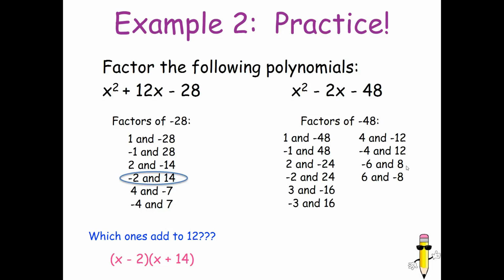I'm looking for something that would also give me negative 2. Taking a quick look at this, I'm going to say it's probably going to be 6 and negative 8, because if I have negative 8 and I add 6, I'm still at a negative. And I'm right. Woo! So I'm going to go ahead and write my binomial as x plus 6 times x minus 8. Make sure you have this written down.